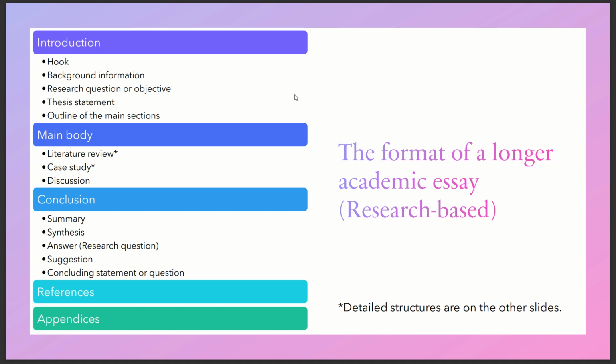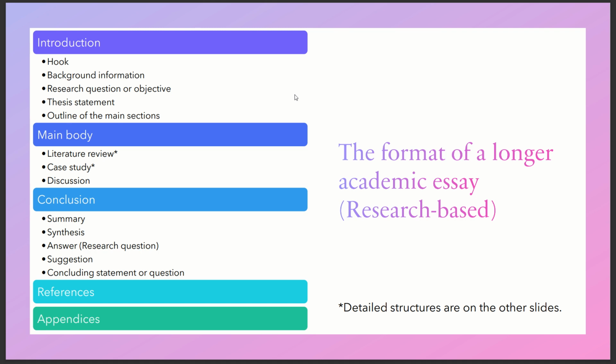Okay, then you have a main body part. Now, in the main body part, you have a literature review part, you have a case study part, and you have a discussion part. Once you're done with that, you have a conclusion part. And in the section of conclusion, you can go with the following things. You can do a summary, you can do a synthesis of the different points, you can answer the research question, very briefly.